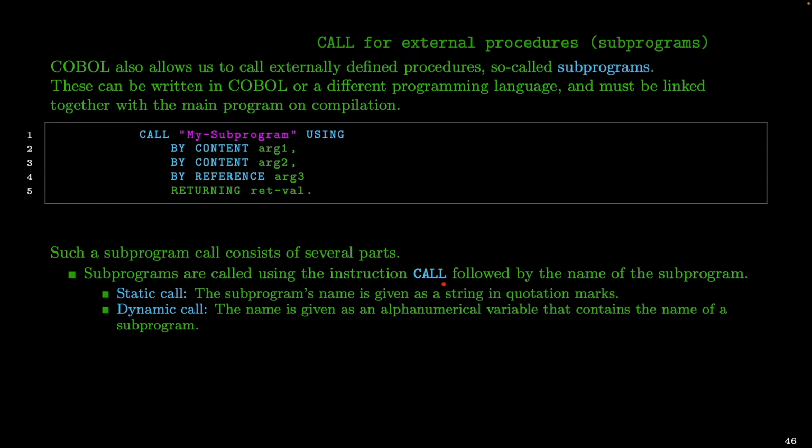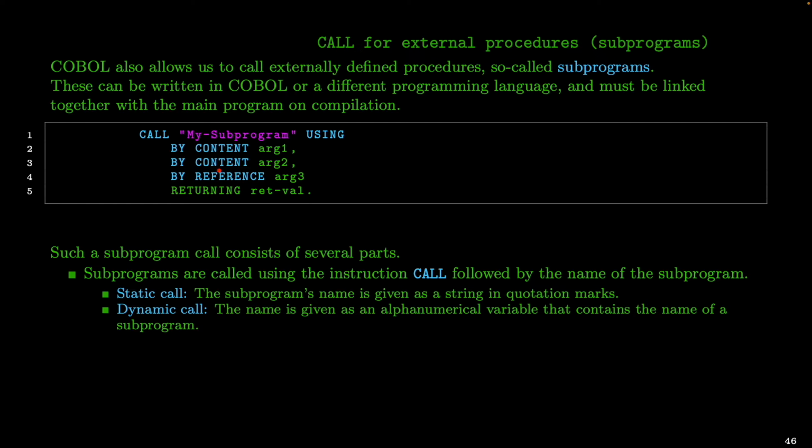The call instruction is actually that which invokes your subprogram, and you have two ways of doing that. First is the static call, which you see here, where you give the subprogram's name as a string in quotation marks. So that's important that you really put it in quotation marks. The other way to do it is a so-called dynamic call.